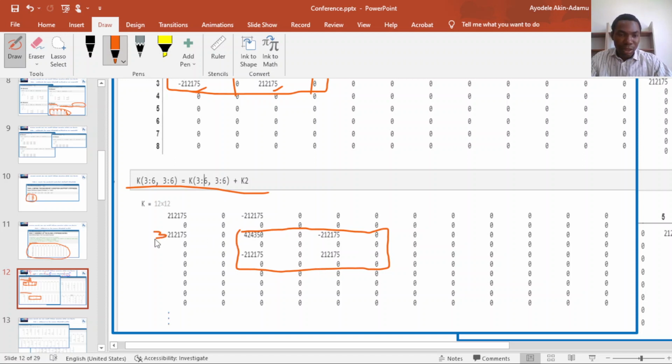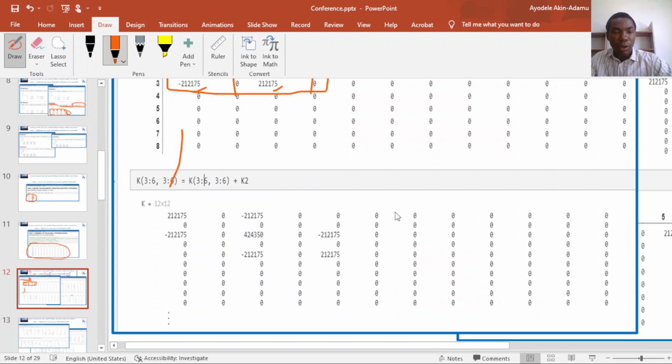Remember, this is 3, this is 4, this is 5, this is 6. This is also 3, 4, 5, 6. So this is how it is done. This is how we add the local stiffness matrix to our base 0 matrix.